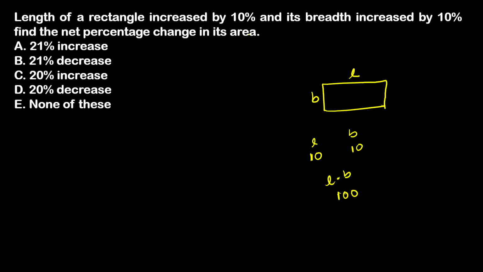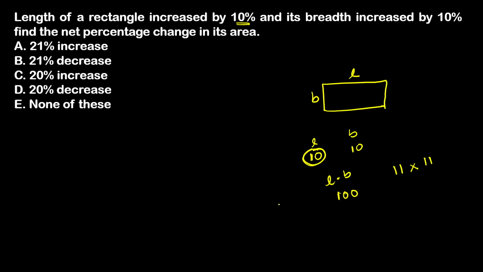Now, what happened here? The length of a rectangle increased by 10%. The initial value of the length is 10. When the value is increased by 10%, what is 10% of 10? 1. When the value is increased by 1, the new length becomes 11. And same is the case with the breadth. The new breadth becomes 11.